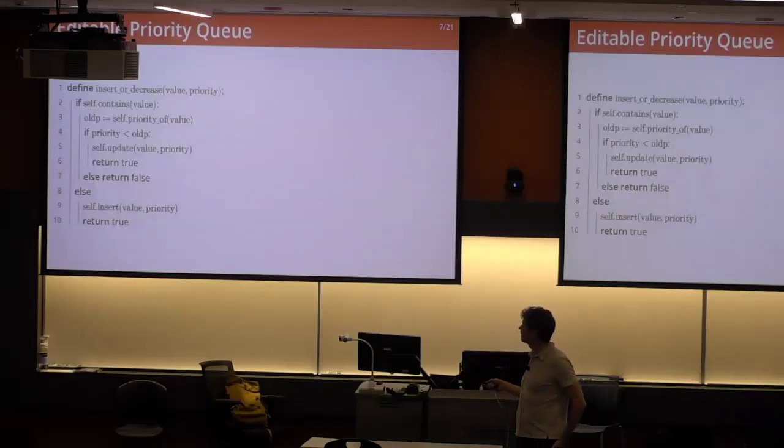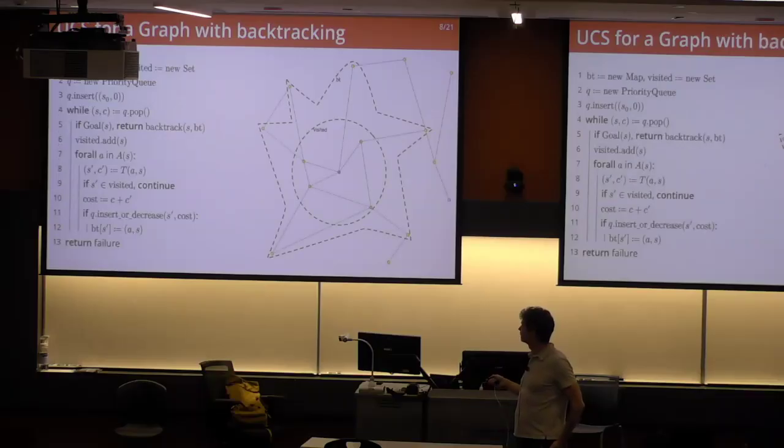So if I end up changing it, that is, I insert it or decrease it, that means I have to update the backtracking table with the new previous state and the new action that would get you there. And you go on through this, and the first one that satisfies your goal, you deal with that. If you never reach the goal and you run out of things in the queue, you return failure.